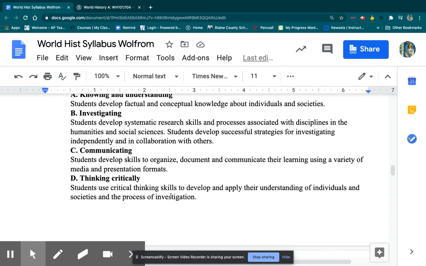It is an interpretation of the facts to create a narrative about what happened in history. So you're going to start practicing making those arguments by making a claim, backing it up with evidence, and explaining your reasoning why that evidence supports your claim. So I will be teaching and assessing your thinking critically skills.